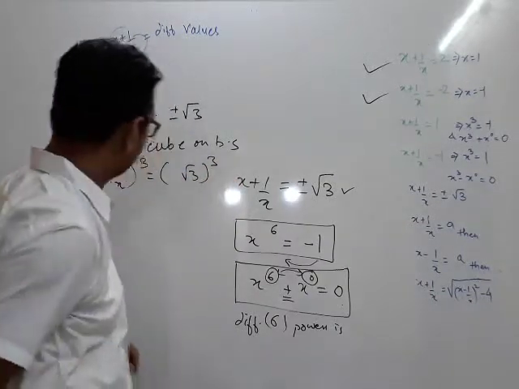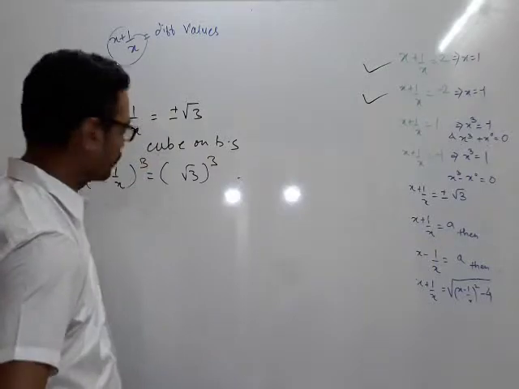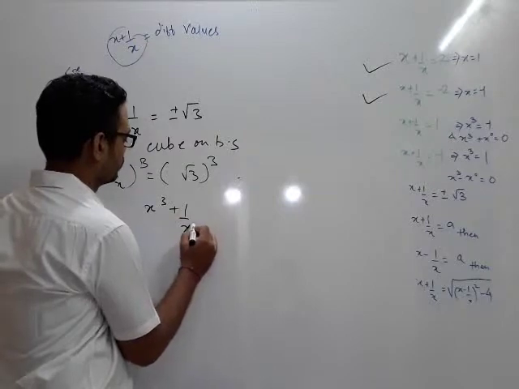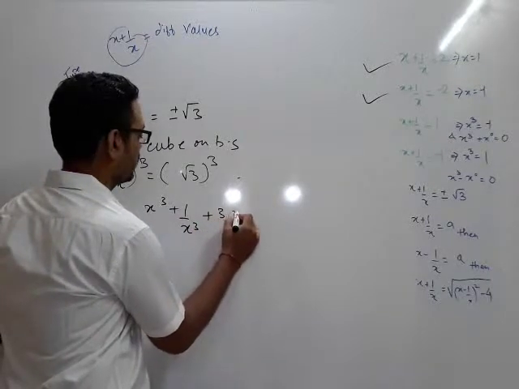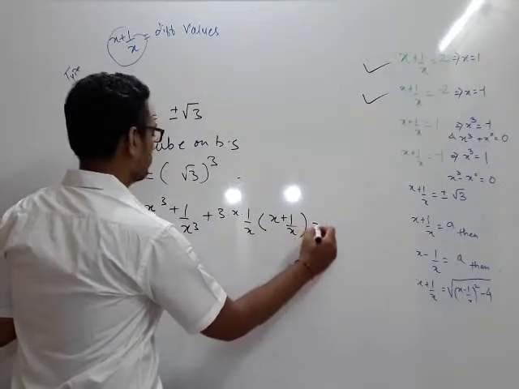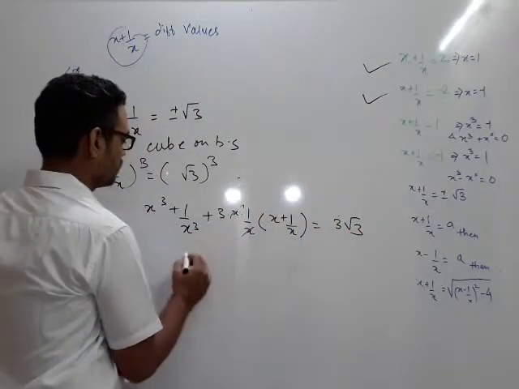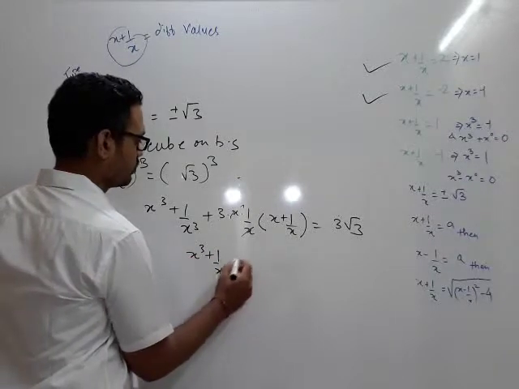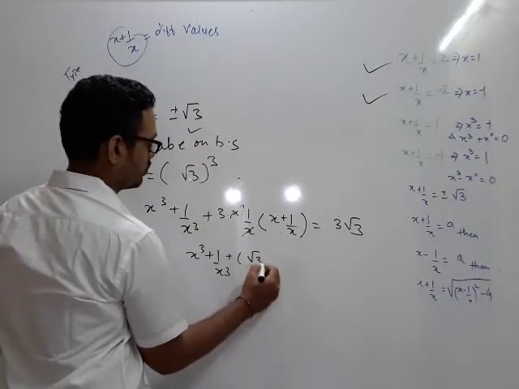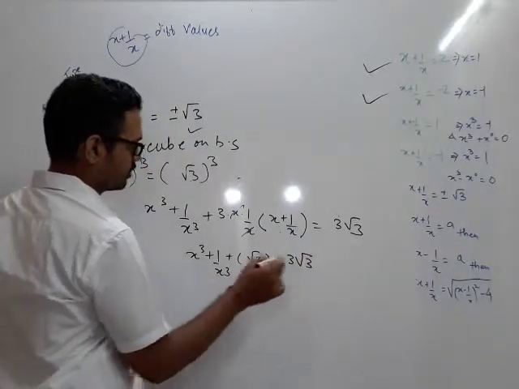What do we get here? a plus b the whole cube is a cube plus b cube plus 3ab into a plus b. The right hand side cube is 3 root 3. So this is nothing but x cube plus 1 by x cube plus 3 into x plus 1 by x, which is given as root 3, equals 3 root 3.